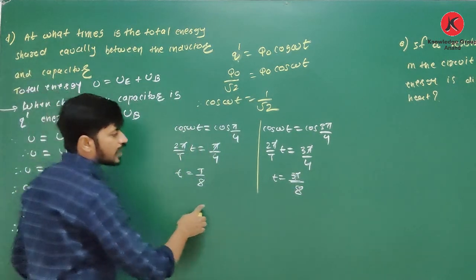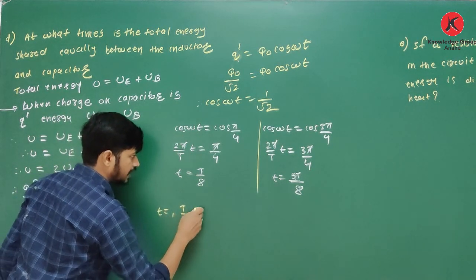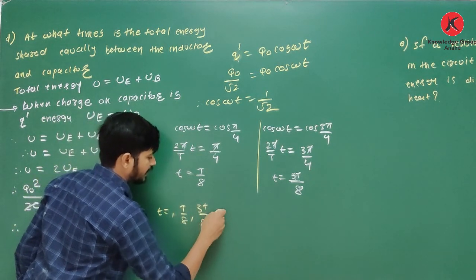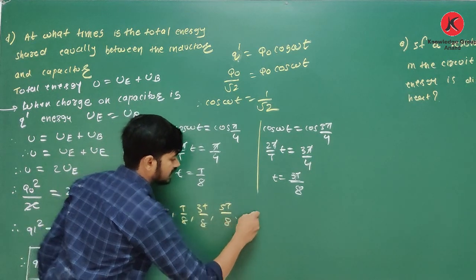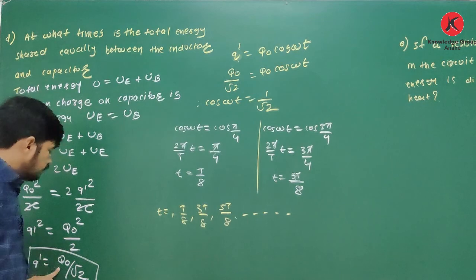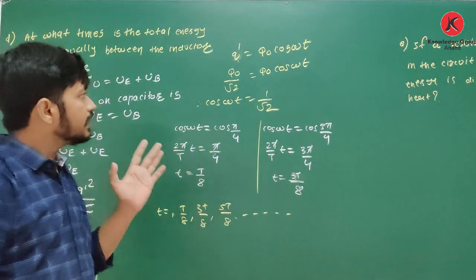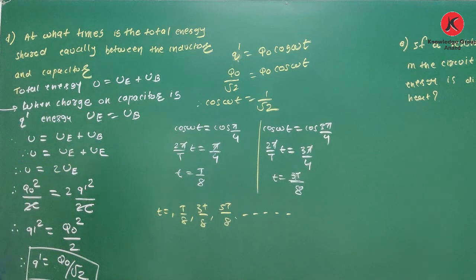So now from these values you can find times: when time t is equal to T by 8, 3T by 8, 5T by 8, etc., charge on capacitor is Q0 upon root 2 and energy is equally shared between inductor and capacitor. Clear about this? Okay. Now what is next question?